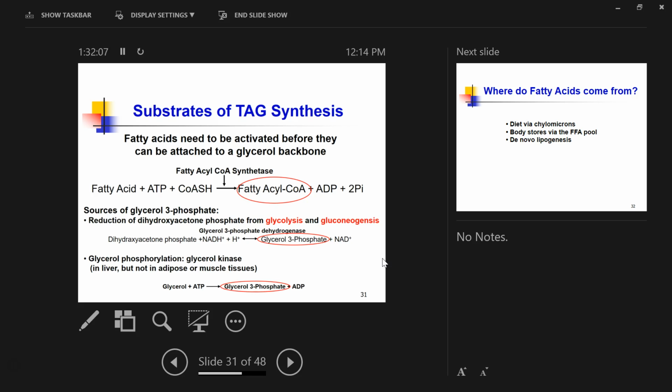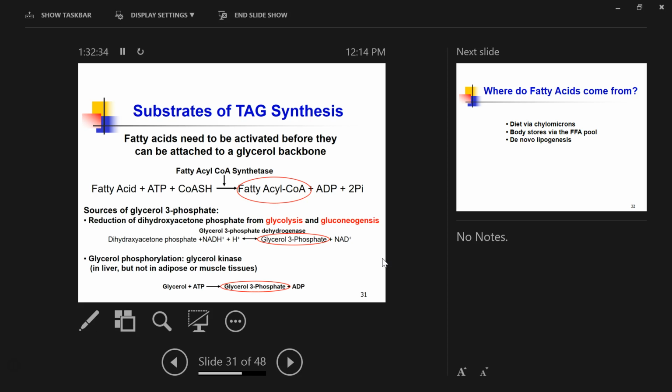I think we talked about this early, right, in the carbohydrate unit. Remember, we talked about the adipose tissue and how carbohydrate is metabolized in the adipose tissue.